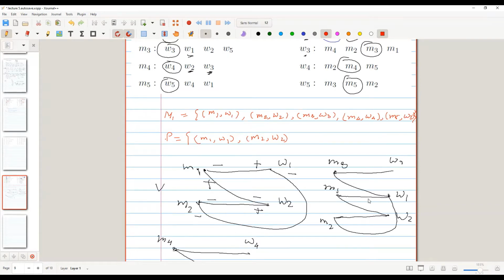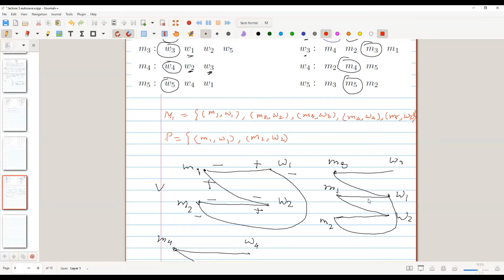So no two rotations can share an edge. And hence an edge cannot be reused, because if it was used once, then it will not be used in a different rotation afterward. Yes.